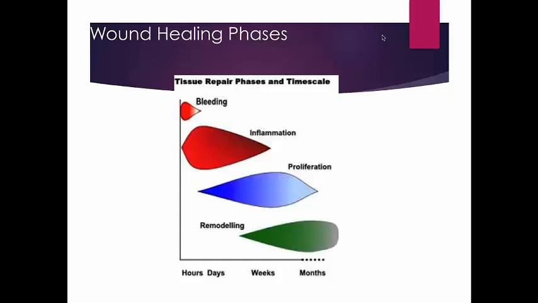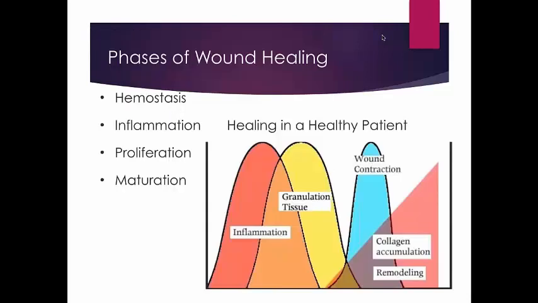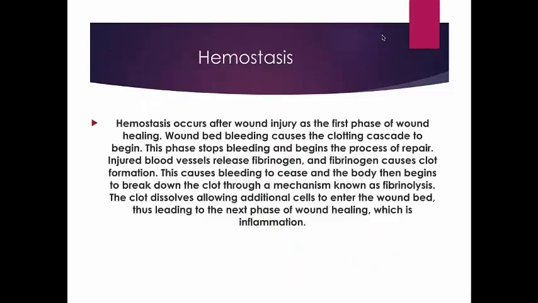The phases are hemostasis, inflammation, proliferation, and maturation. That's what we'll talk about over the next couple of slides. Let's talk about hemostasis. When you have a wound, it fills up with blood, which causes a cascade of events and lets the body know it has had an injury to the blood vessels.